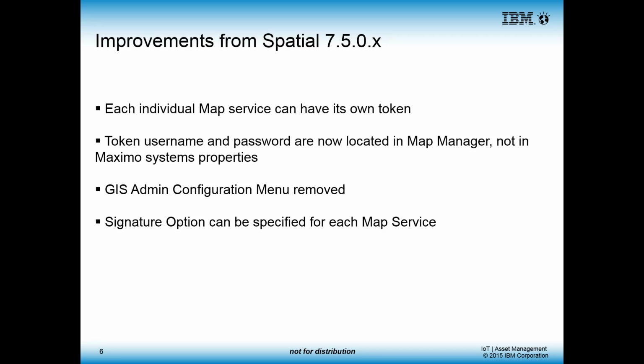Each individual map service can now have its own token, meaning that it can have its own username and password. The default username and password are now located in Map Manager, not in the Maximo system properties anymore. The GIS admin configuration menu is removed. And the signature option can be specified for each map service, as you saw.